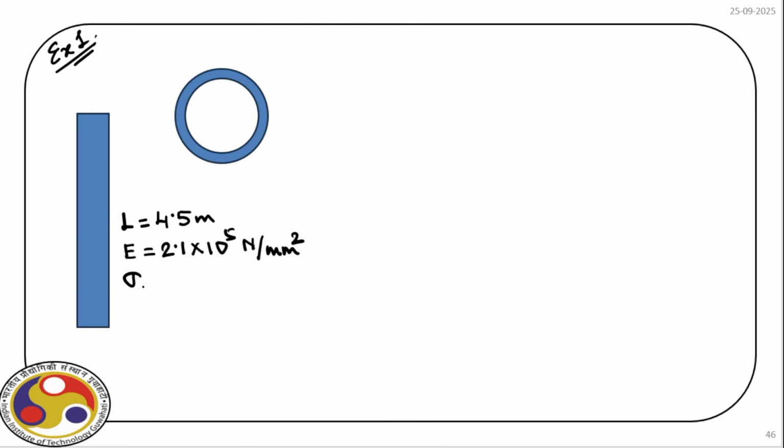Then sigma C for the material we have 500 Newton per millimeter square. The column is made of hollow circular cross section, and the outer diameter of the column is 200 millimeter, and the wall thickness is 25 millimeter.